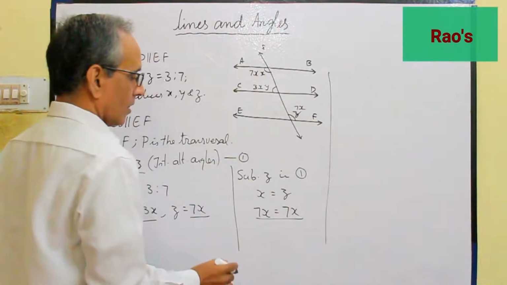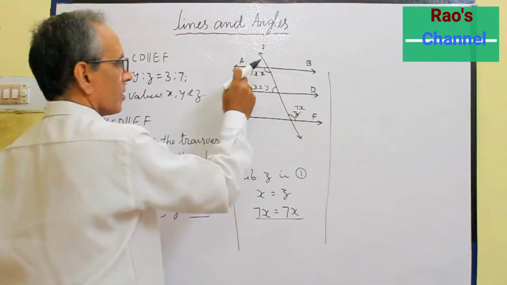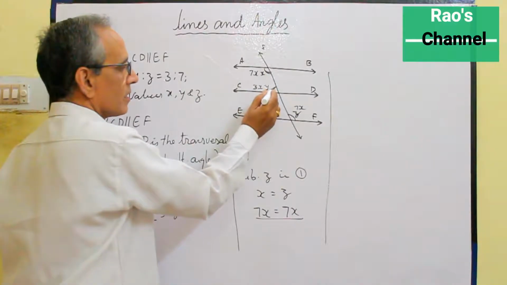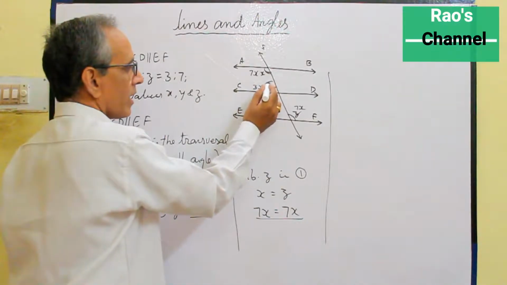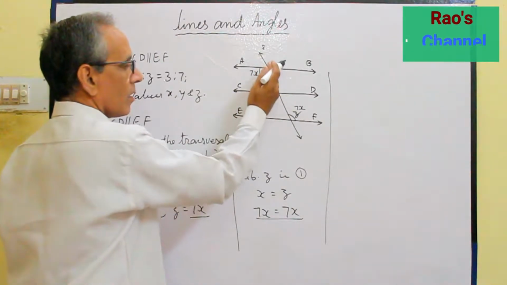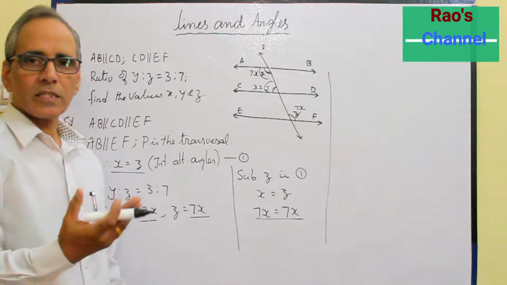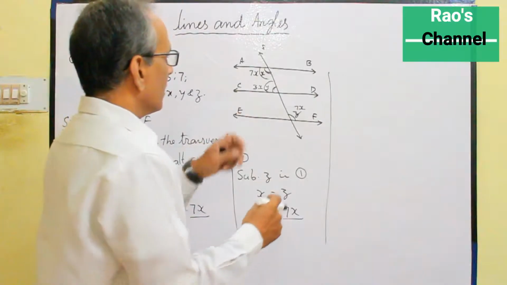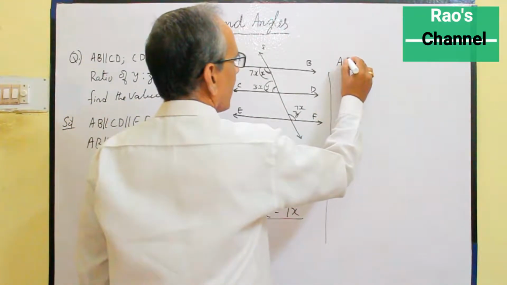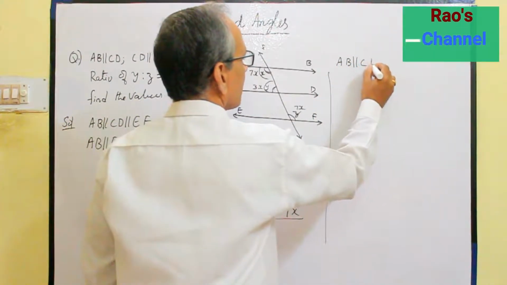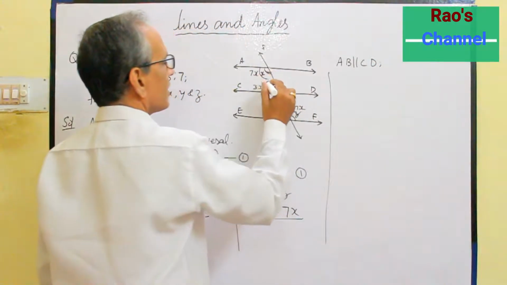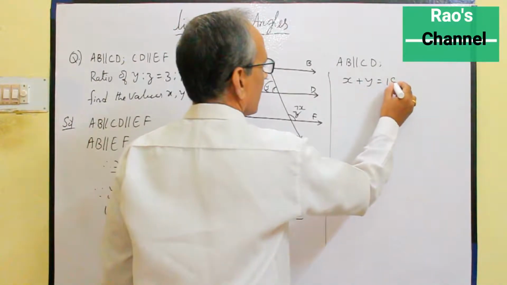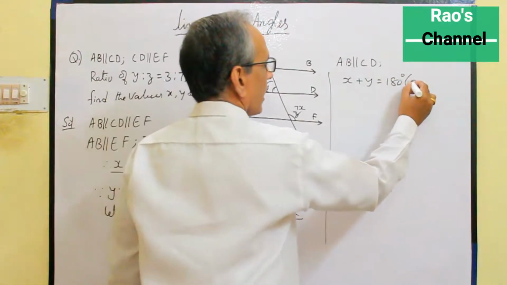Now see this part. If AB is parallel to CD, these two angles X and Y are allied angles, that is, angles on the same side of the transversal, which are supplementary. X and Y together are 180, we call them allied angles.